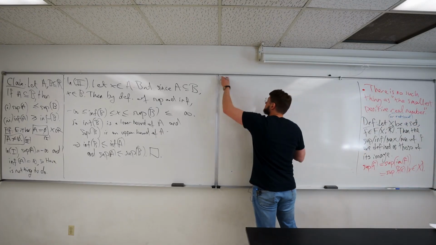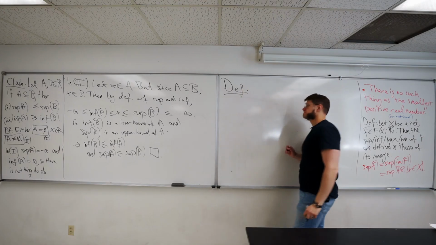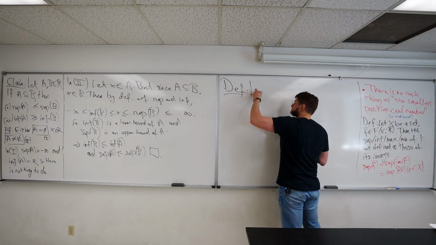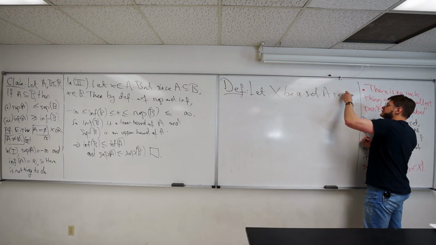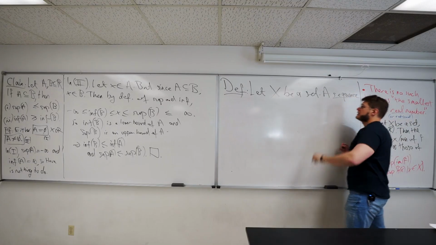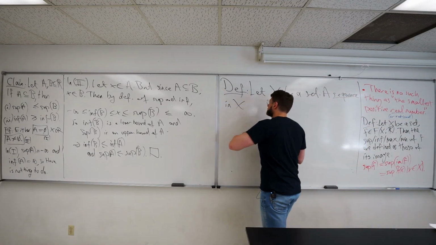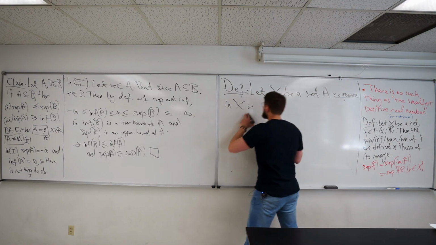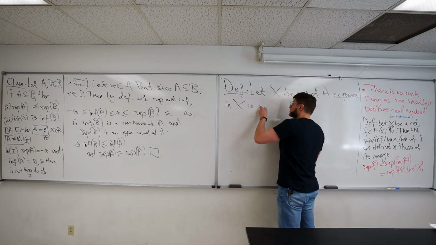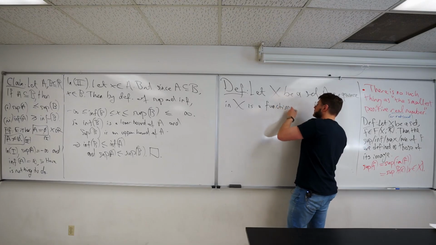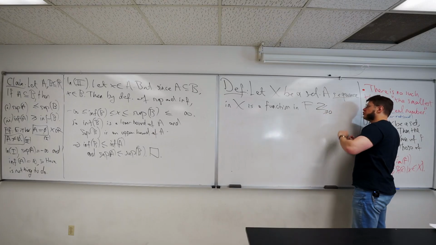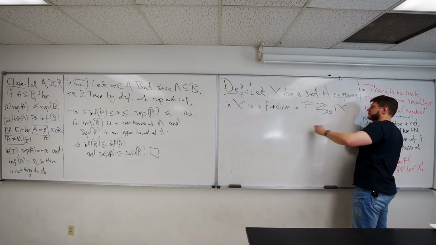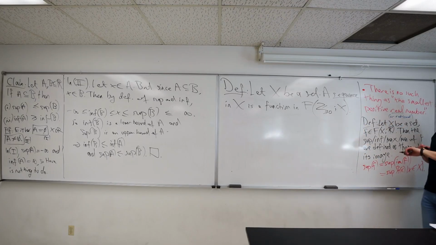Definition. Let X be a set. A sequence in X is a function, say in the set of all functions from positive integers into X. I'm explicitly defining a sequence to be a function.